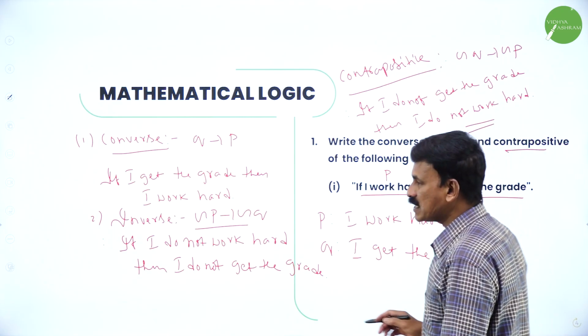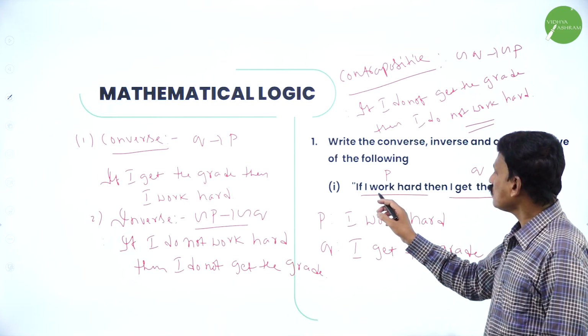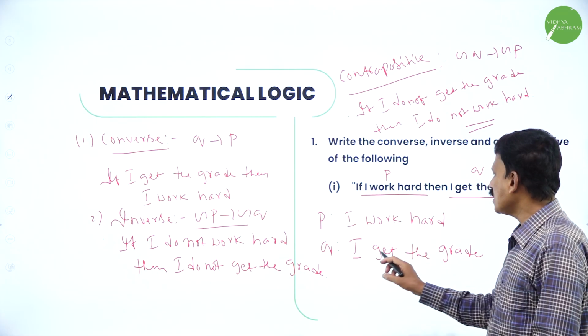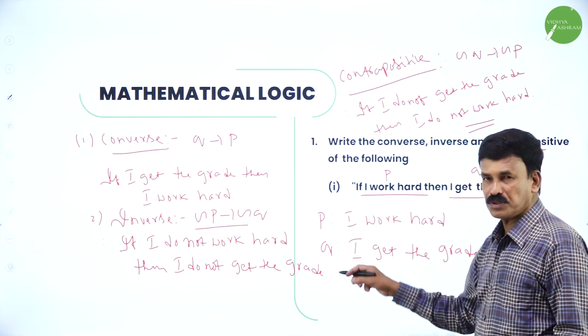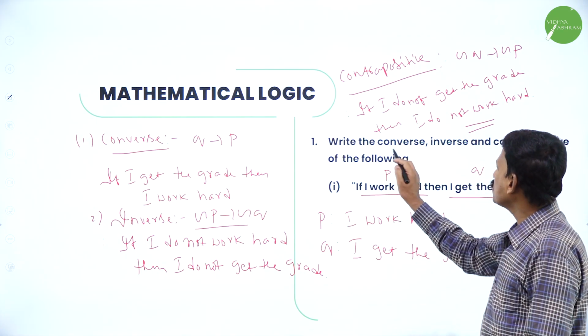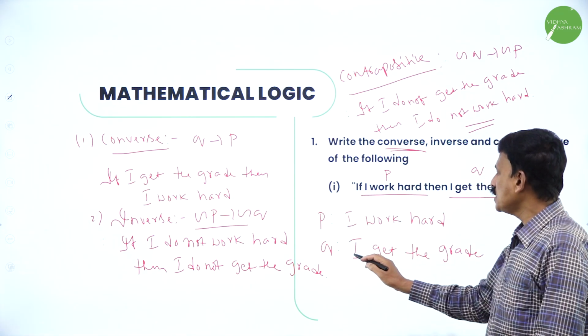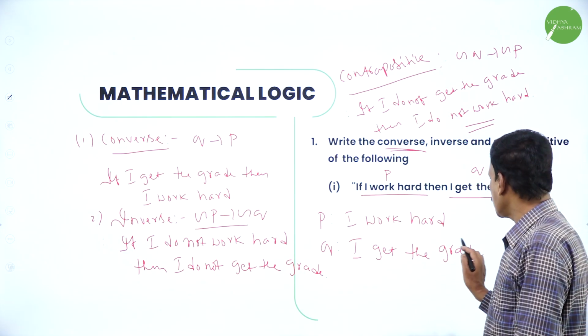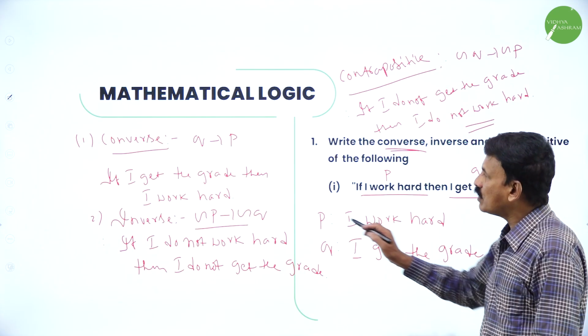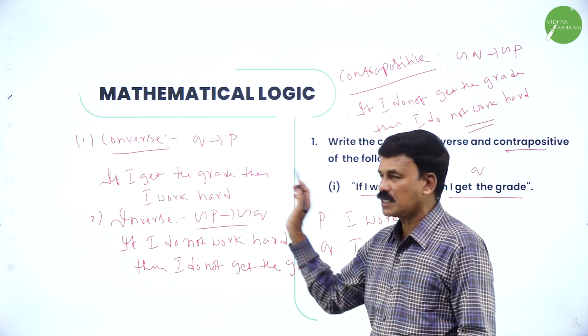See here, a very simple concept. Here P is I work hard, and Q is I get the grade. So what is to write? Converse is nothing but Q conditional to P, which means, if I get the grade, then I work hard.